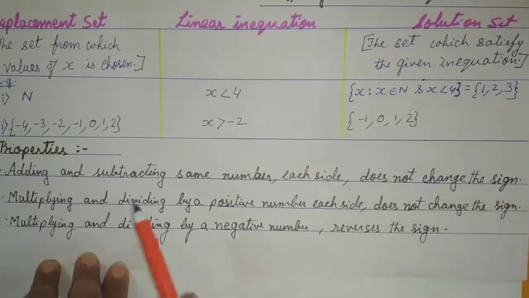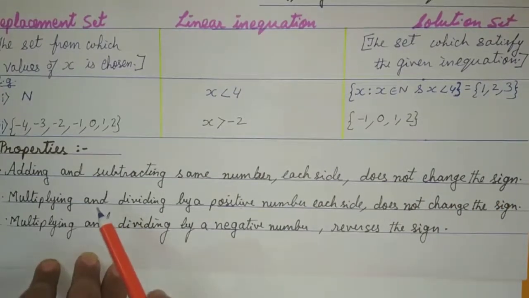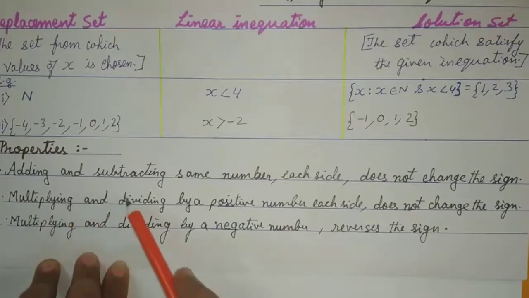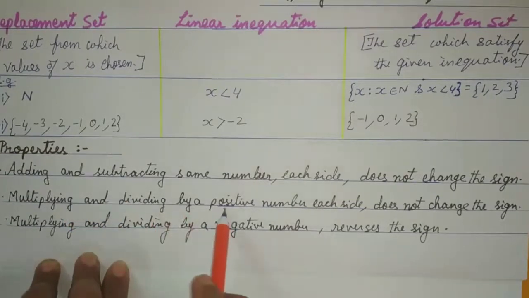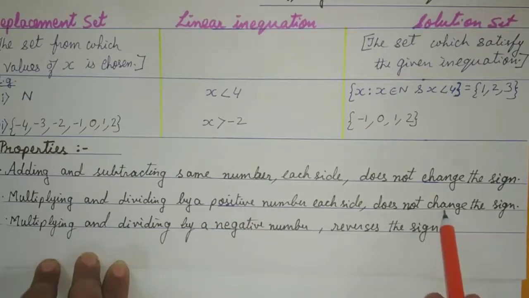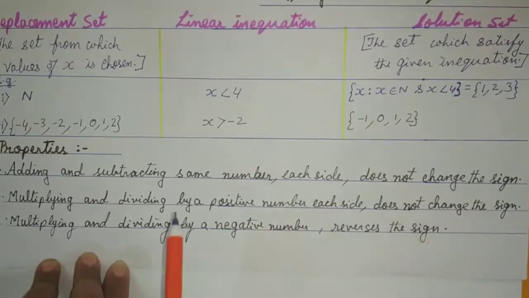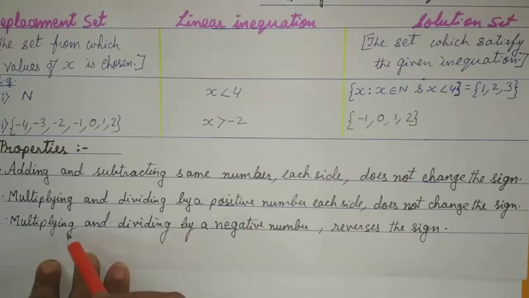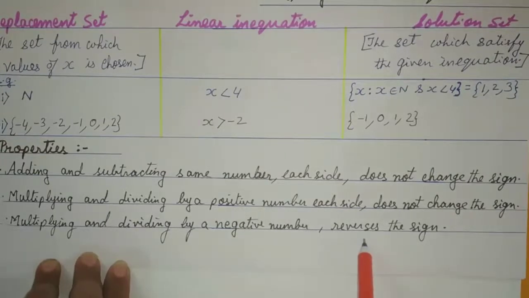The second, this is also similar to the equation. If we multiply or divide by a positive number, we do not change the sign. But most important, if we multiply or divide by a negative number, then we reverse the sign, children. Now this is different from an equation.